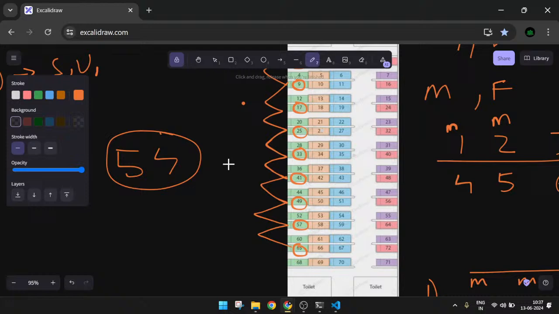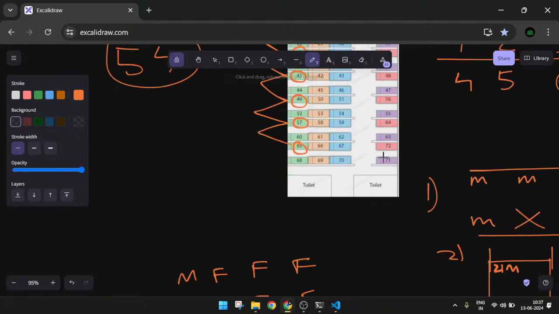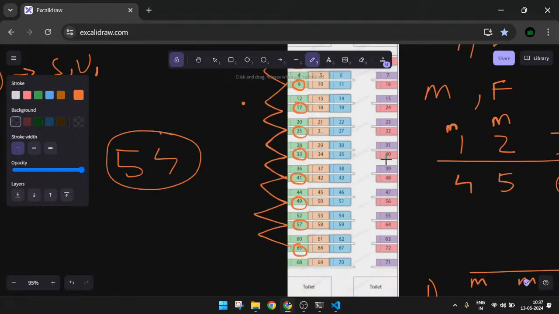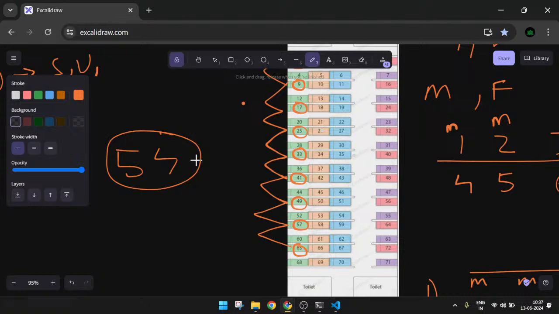So we have 54 seats on the left side. I'm not talking about the right side. I think these seats are for people with RAC, not CNF confirmed, so those people who have not confirmed their seats. Okay, so we have 54 seats in our hand.